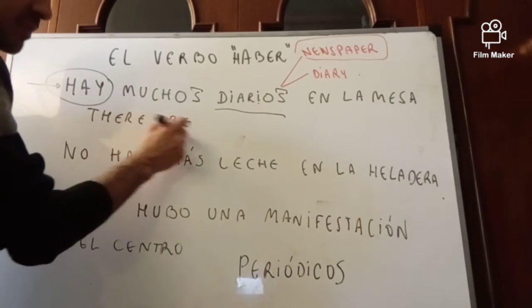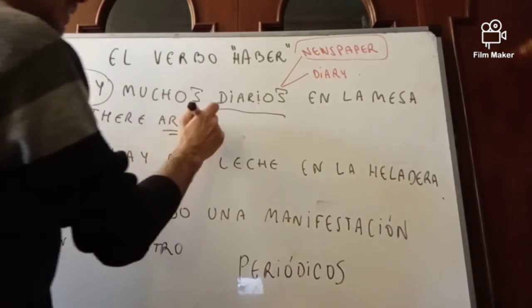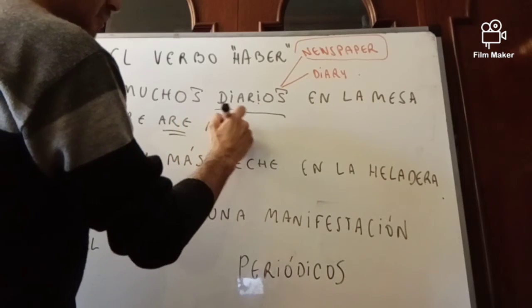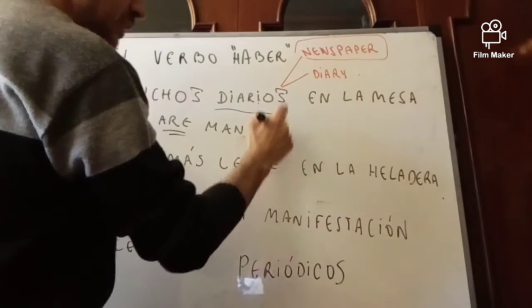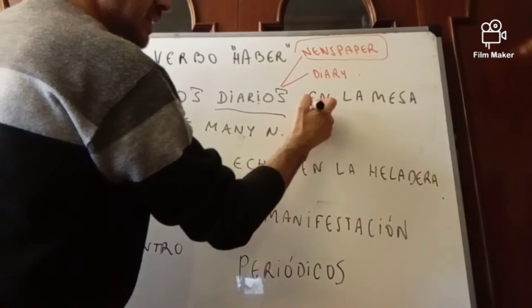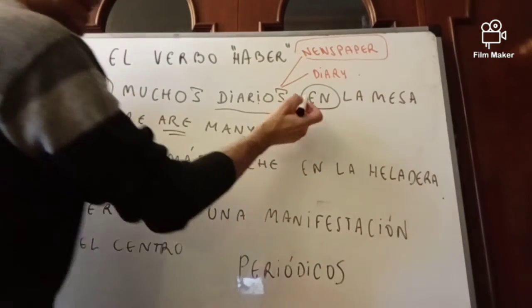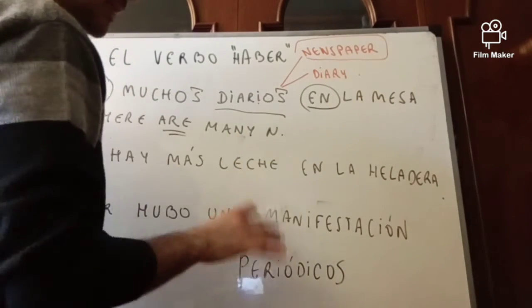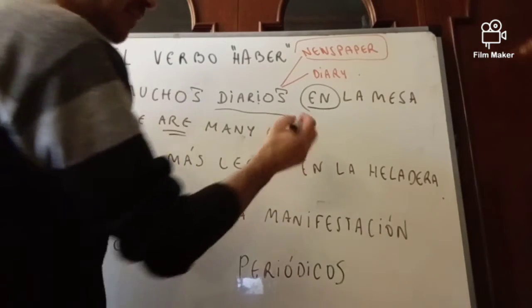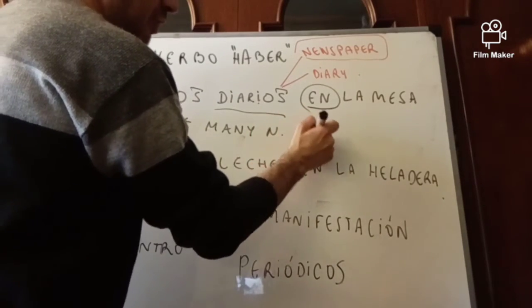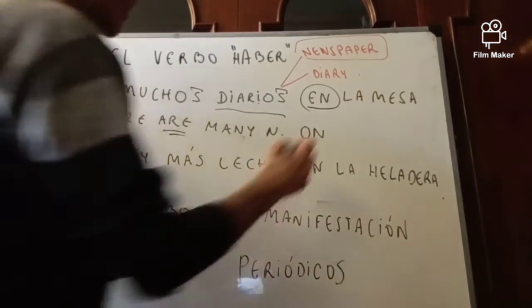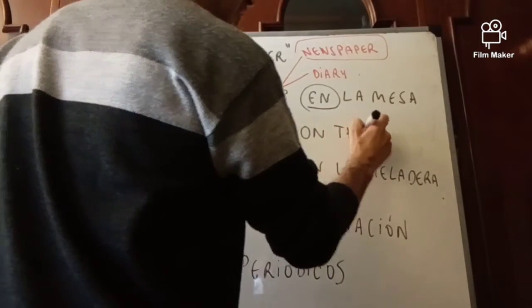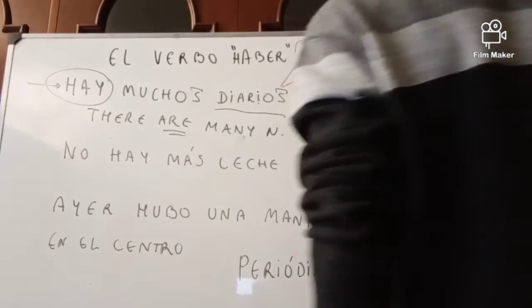I prefer to use the plural form. There are many newspapers en la mesa. In Spanish we use this preposition in most cases, so it's easier. But you say on the, you don't say in the table, but on the table.